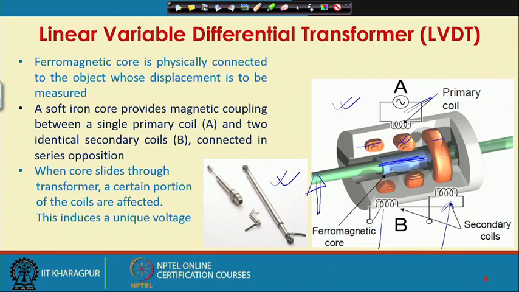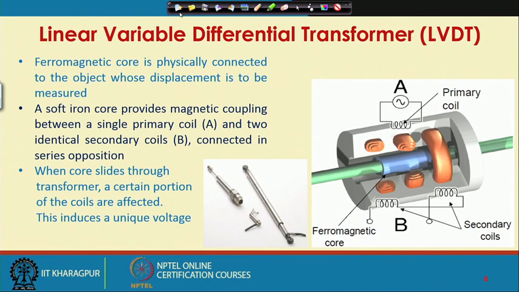It will either go in this direction or come in this direction. So, a certain portion of the coils will be affected, and this will induce a unique voltage, and this voltage is proportional to the displacement.